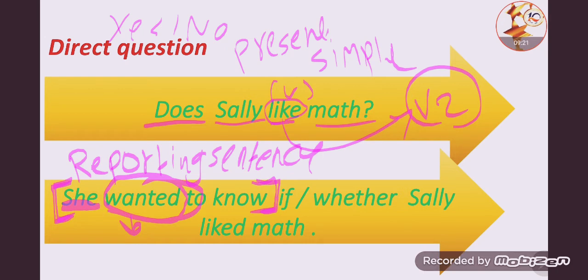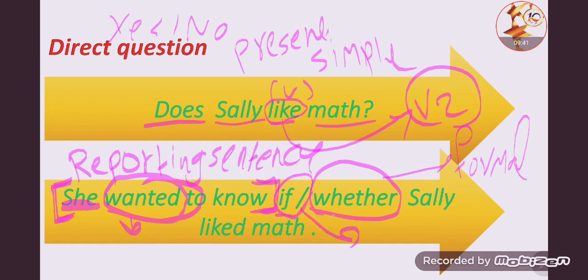But look here, she wanted to know if and whether. Either we use if or whether. يعني هون بعد الجملة الخبرية بده يجي عندي يا إما if يا إما إيش whether. whether بدك تعرف إنه هي more formal than if. So that's why we always concentrate on if. Okay, دايما إحنا بنركز على الإف لأنه هي less formal. whether هي more formal than if.